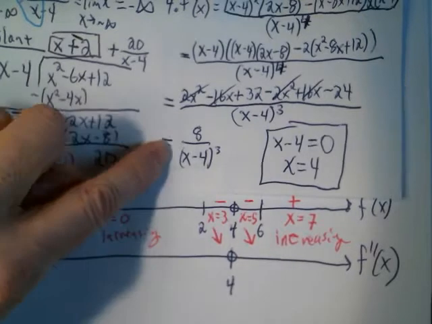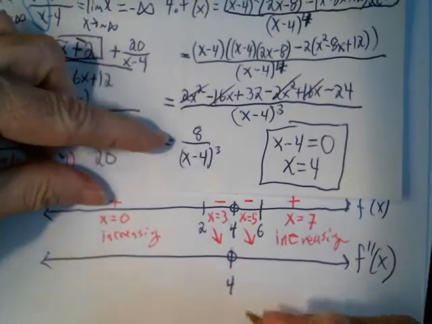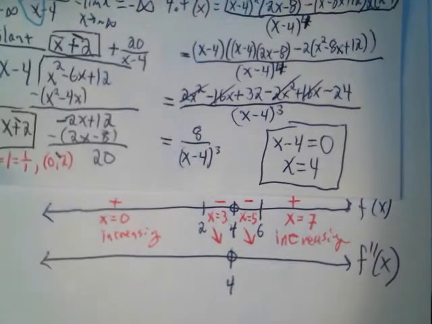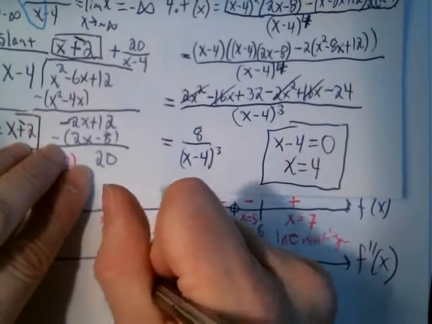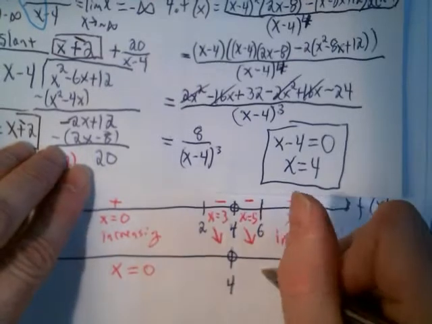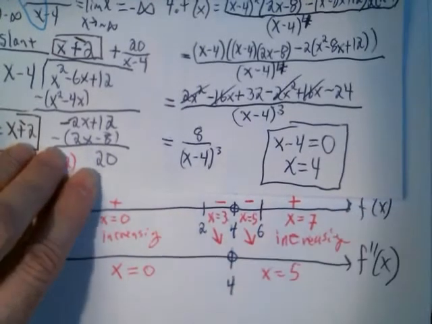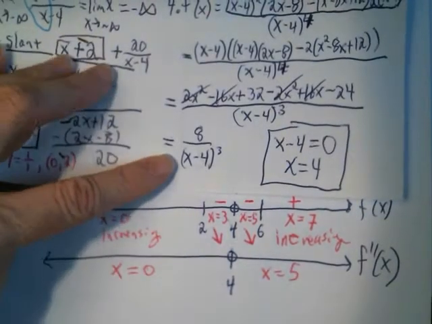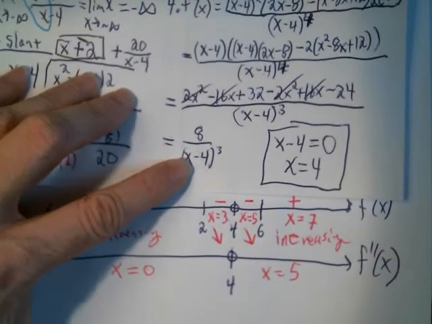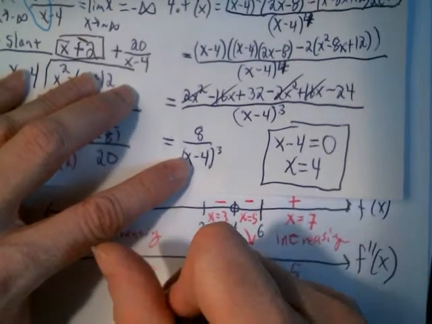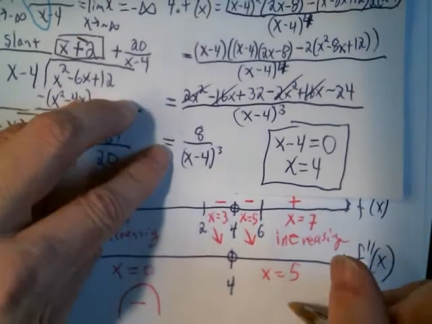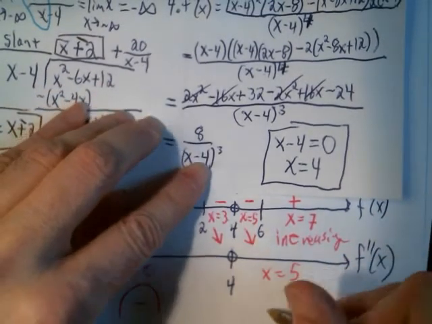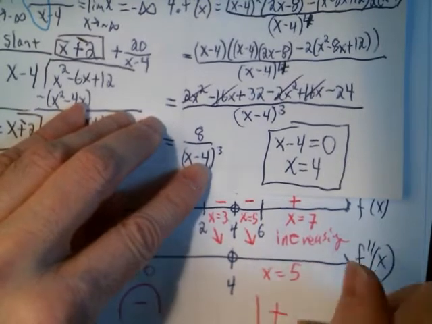We're plugging into the second derivative formula right here. So x is 0, we'll try, and then x is 5. Plugging in 0, 8 all over negative 4 cubed, so that's a negative. It's concave down. 8 all over 5 minus 4 is positive, so concave up.